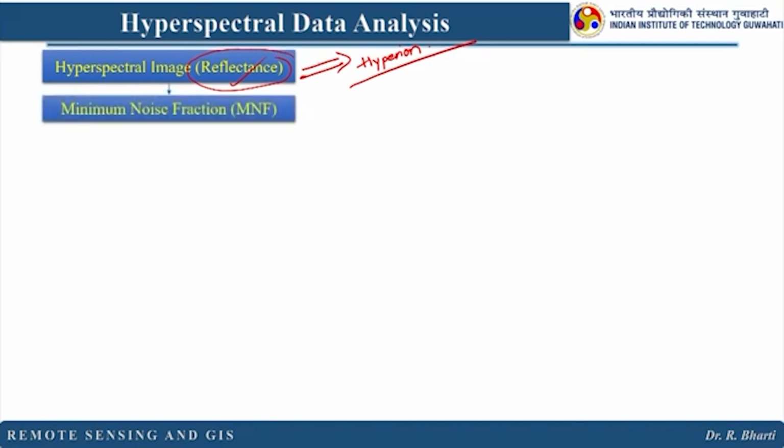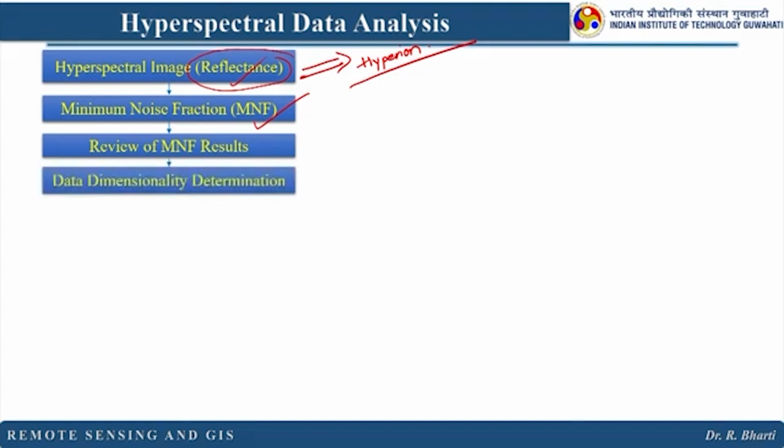So, we need to find out how much data redundancy we have in the captured data, and that we will remove by using this minimum noise fraction. I will cover this in next few slides. Then once you do that, using this MNF, you can identify the unique information available in the different bands.